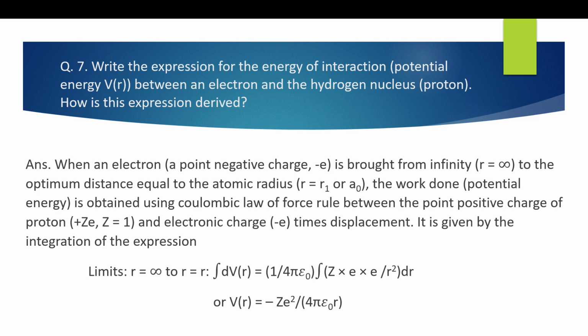So we can formulate the expression using the limit r equal to infinity to r equal to r, integral dV(r) equal to 1 upon 4 pi epsilon 0, integral Ze square upon r square dr.